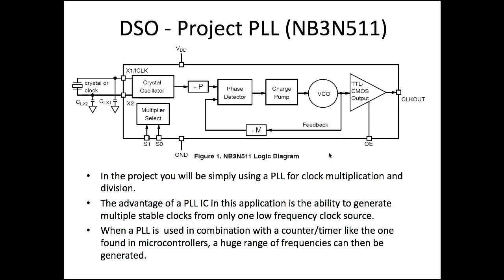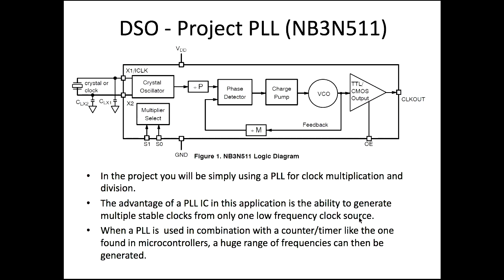For DSO projects, you are using it only for multiplication, because you have these S1, S0 pins, and you have the crystal oscillator. In the project, you will simply be using a PLL for clock multiplication and division. The advantage of a PLL IC in this application is the ability to generate multiple stable clocks from only one low frequency clock source.